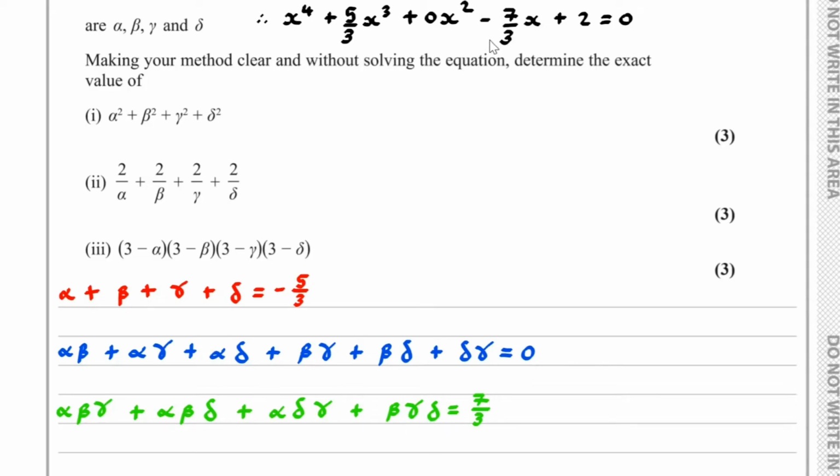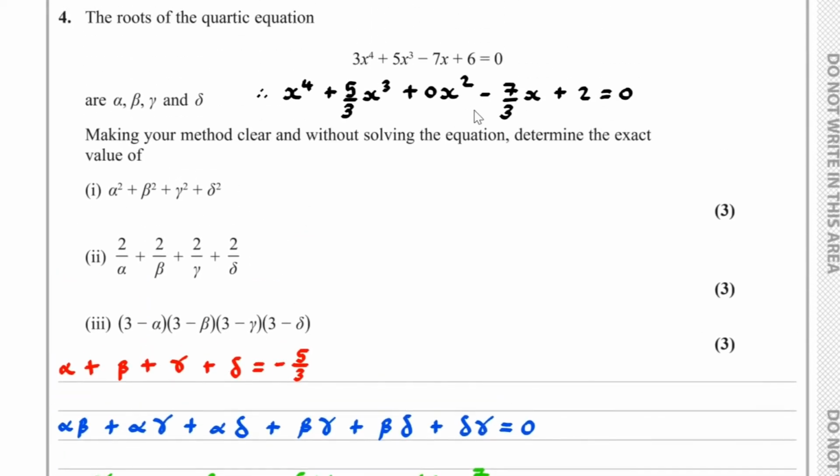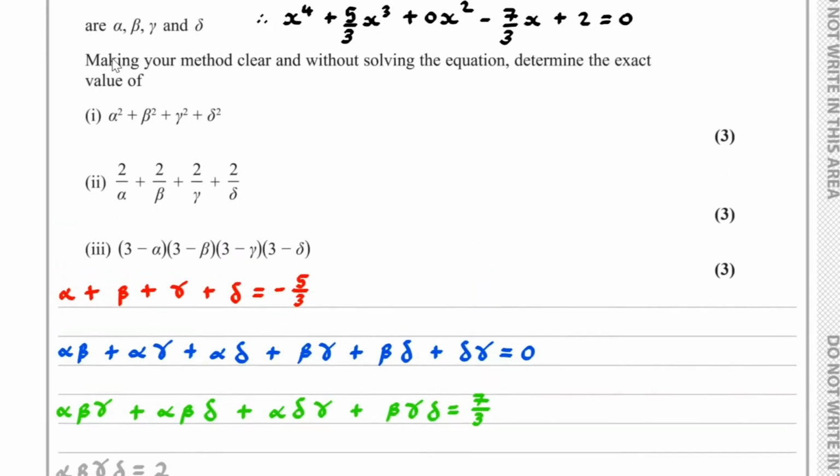That's equal to negative minus 7 over 3, which is 7 over 3. And then alpha beta gamma delta will equal 2. And with all this, we have to make our method clear and, without solving the equation, determine the exact value of the following.